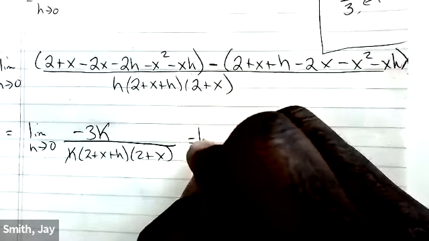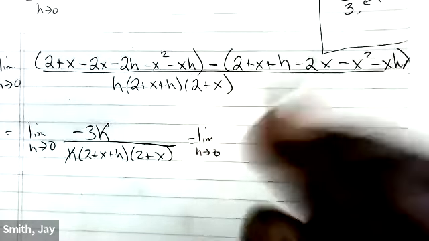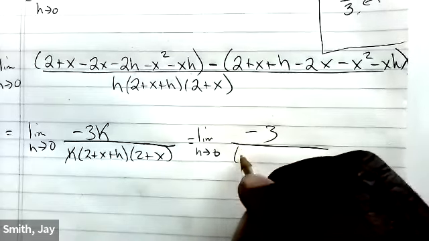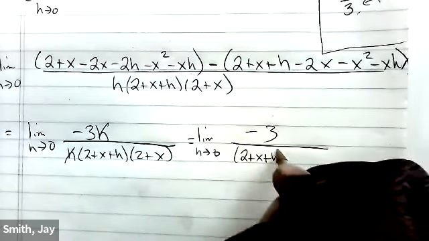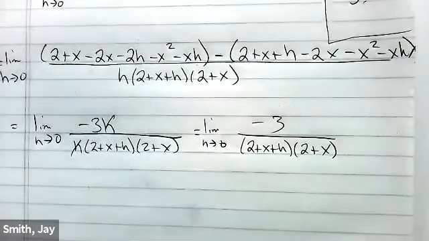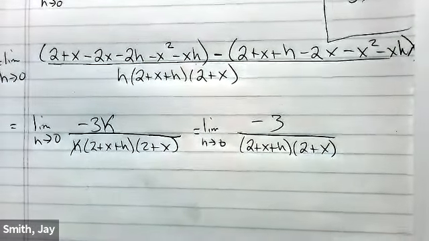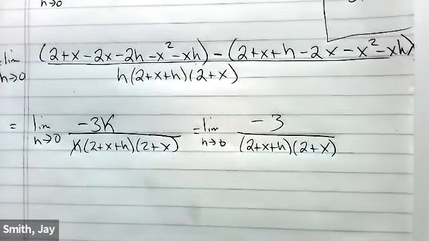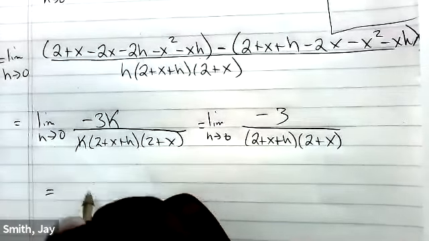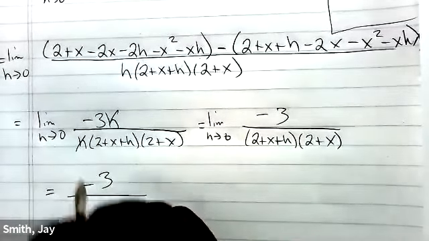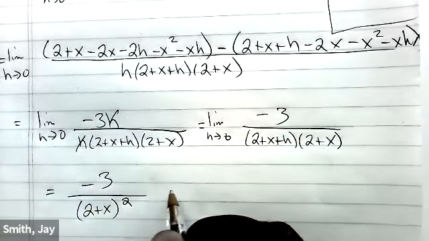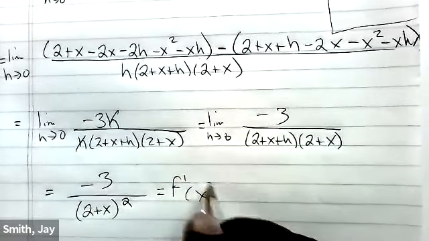So now we're evaluating the limit as h goes to 0 for -3 divided by (2 plus x plus h) times (2 plus x). We can solve this through direct substitution, even though it's a rational function, because now if we replace h with 0, we do not end up with 0 on the bottom of the fraction. So we end up with -3 divided by (2 plus x) quantity squared. And this will be equal to f prime of x.